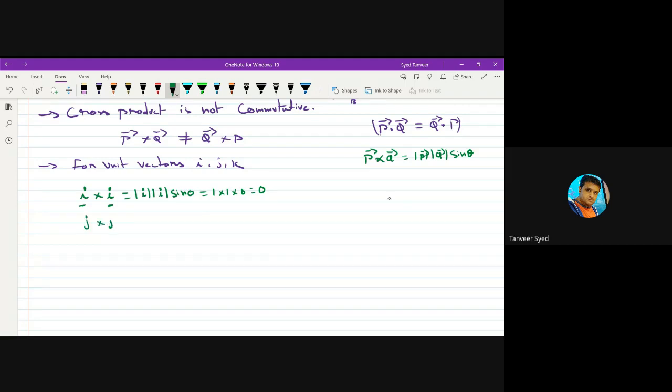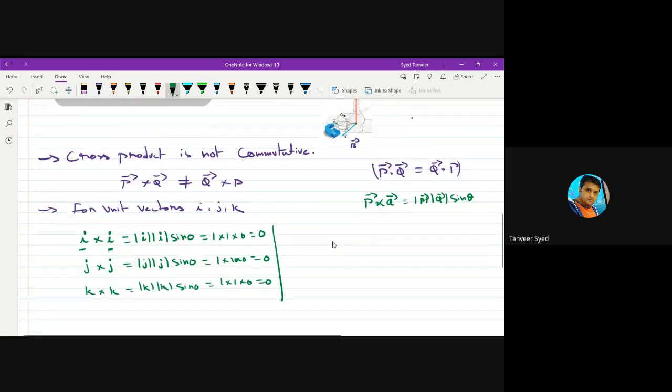J cross J: zero. Magnitude of J, magnitude of J, sine of zero, 1 into 1 into 0, which is 0. K cross K: also zero. So the cross product of two same vectors is 0.